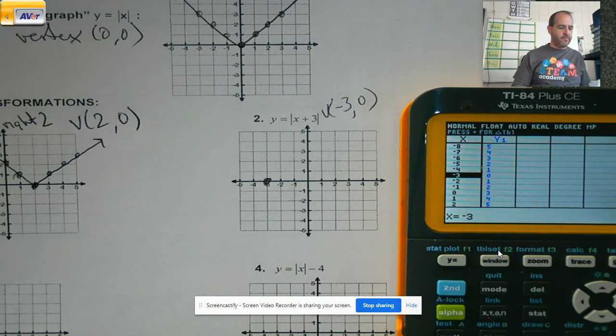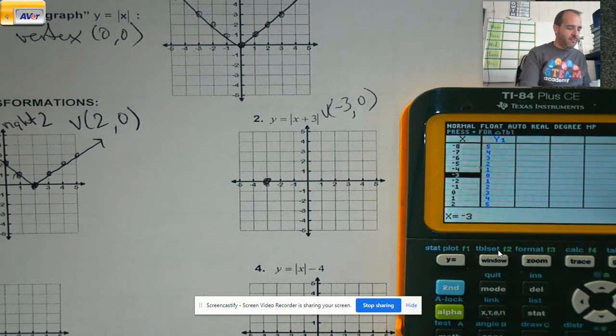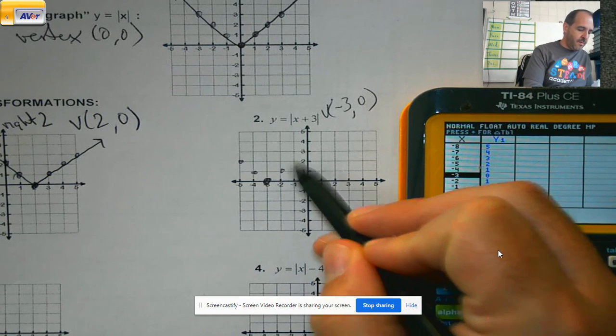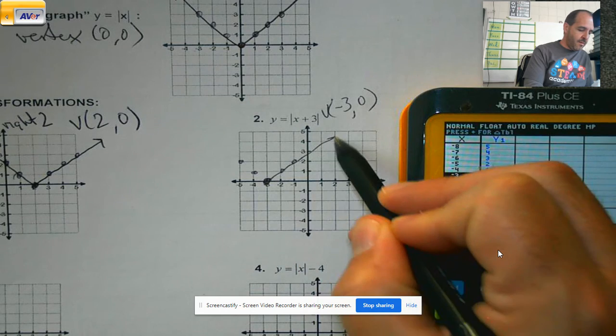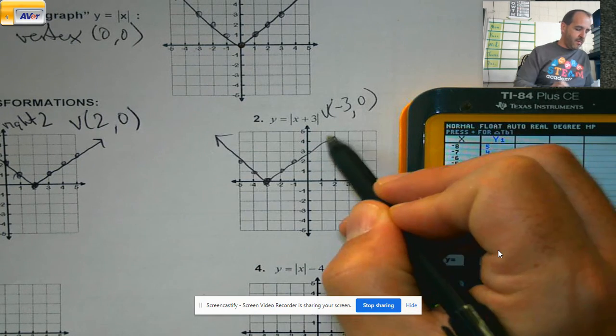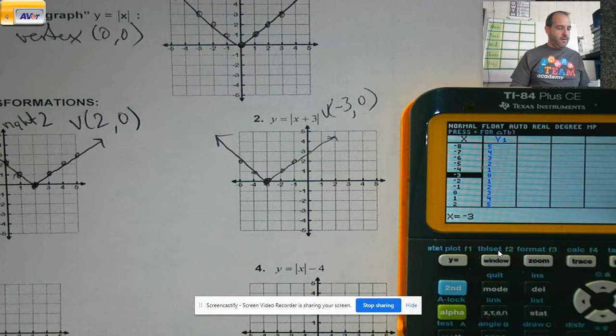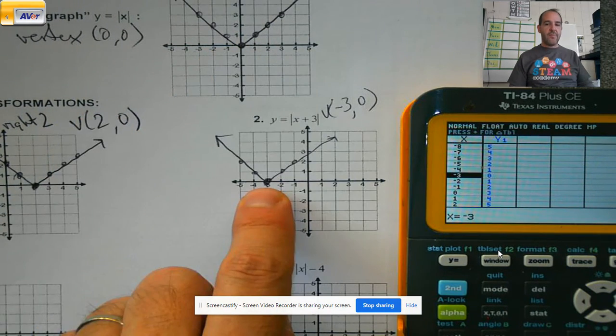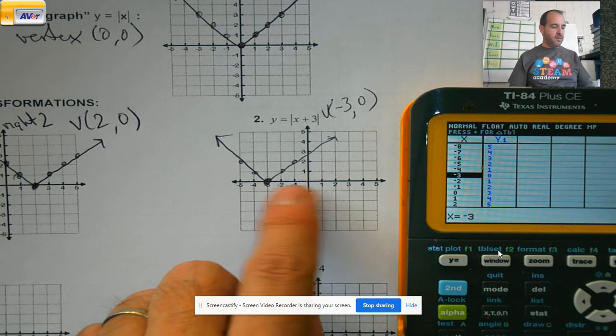Are you starting to see the pattern yet? So what happened to my vertex? This is my original. This is where I'm at now. I moved left 3.